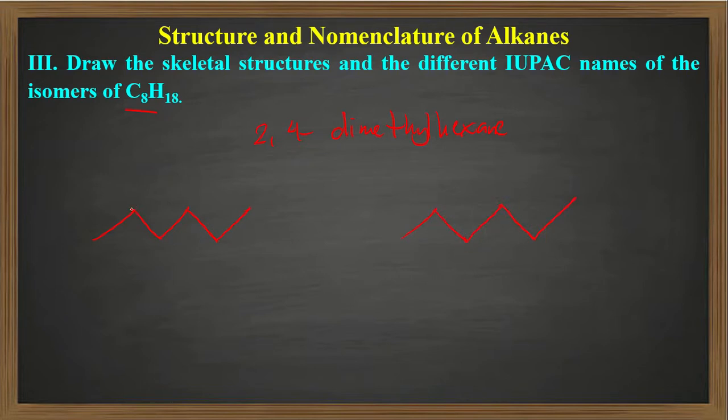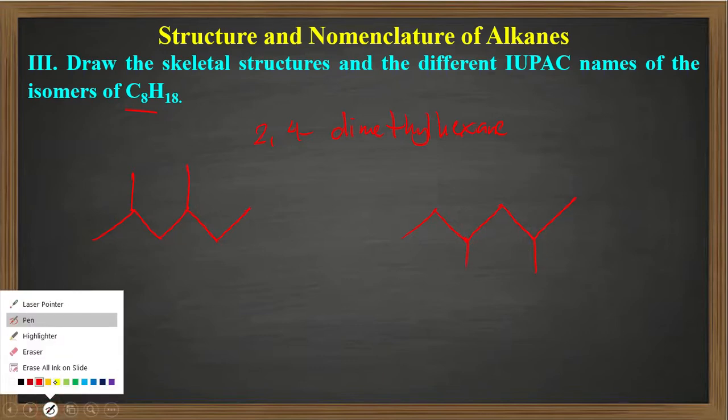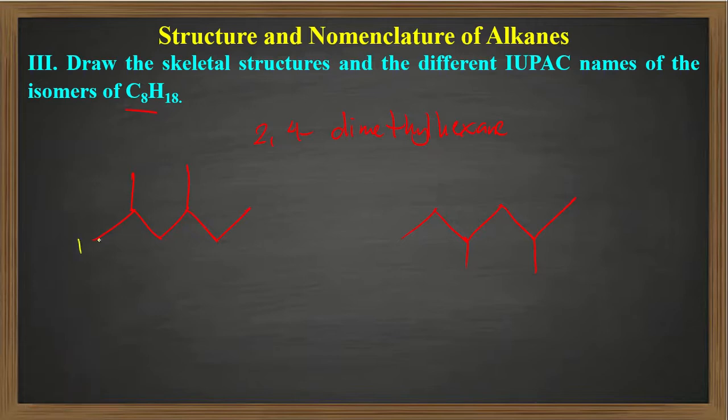So, we have 2, 4. They are the same in name and in structure. 1, 2, 3, 4, 5, 6. This will be 1, 2, 3, 4, 5, and then we have here 6. Both of them are correct.